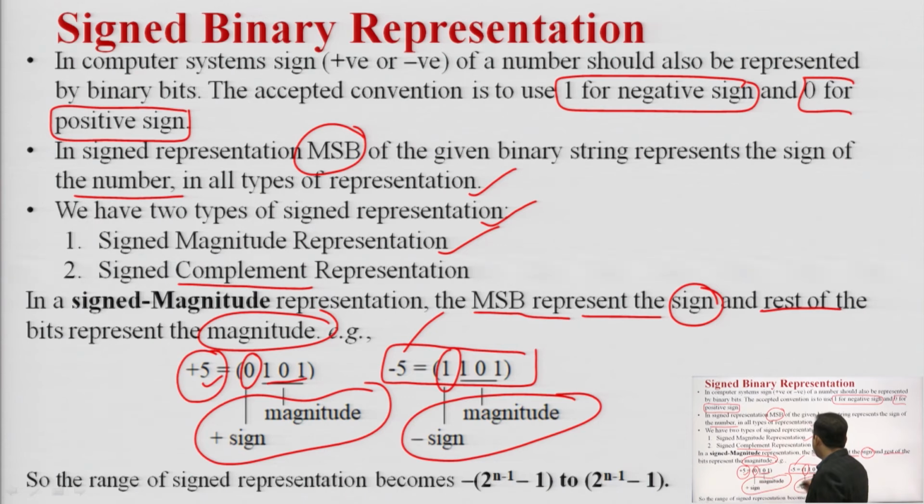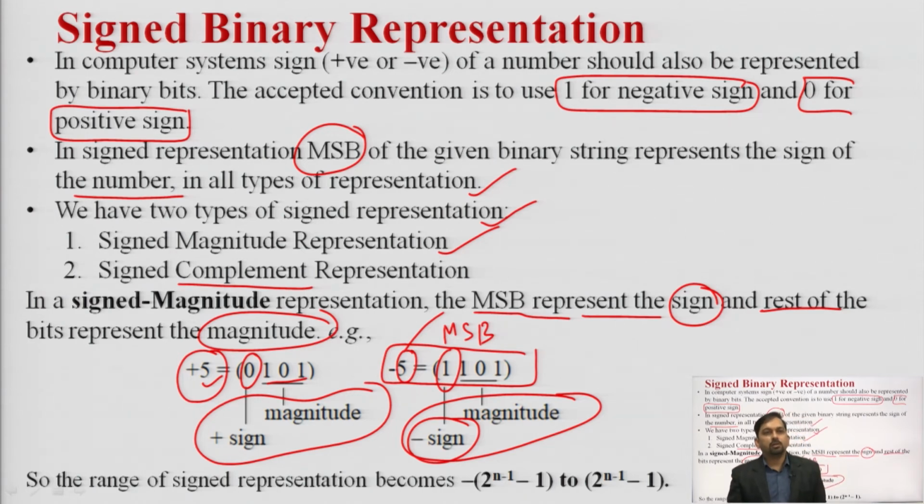The MSB corresponds to negative, and the remaining part corresponds to the magnitude of 5. The range of the sign representation is from minus of 2 raised to power n minus 1 minus 1 to 2 raised to power n minus 1. This is the range for n bits.